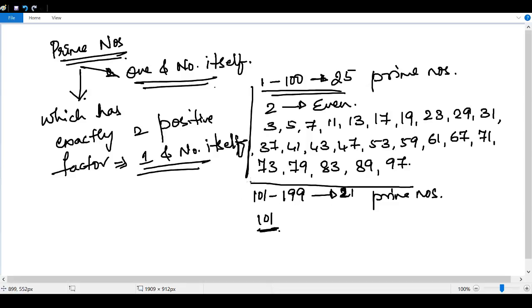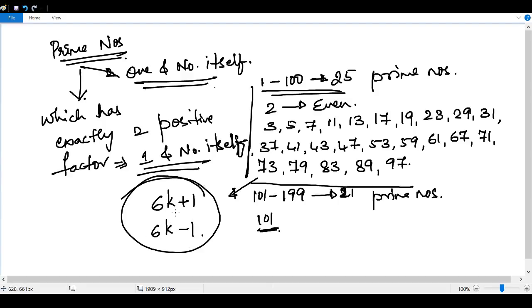Now the next: every prime number greater than 3 can be written in the form of 6k plus 1 or 6k minus 1.